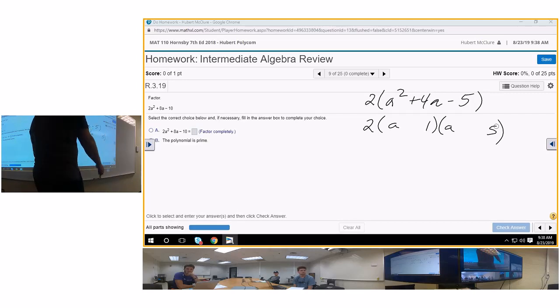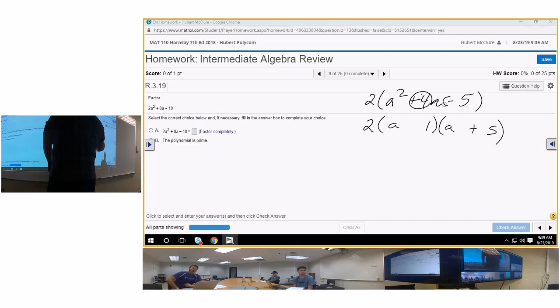I mean, 5 is a prime number. If you mess up 5, I want to see how you do it. The only thing you have to worry about now is the middle term. This middle term is positive, so that means 5 has to be positive. This says unlike, so if this is positive, this is negative, and you're done.